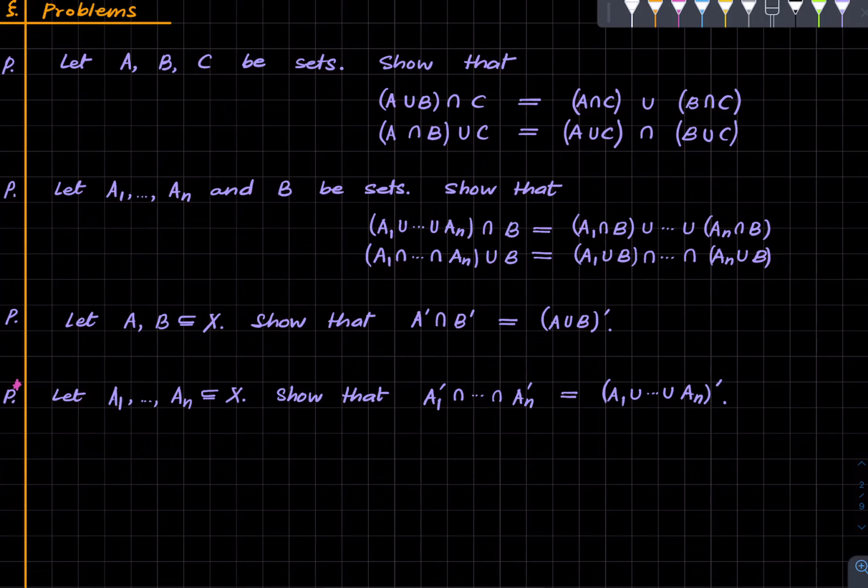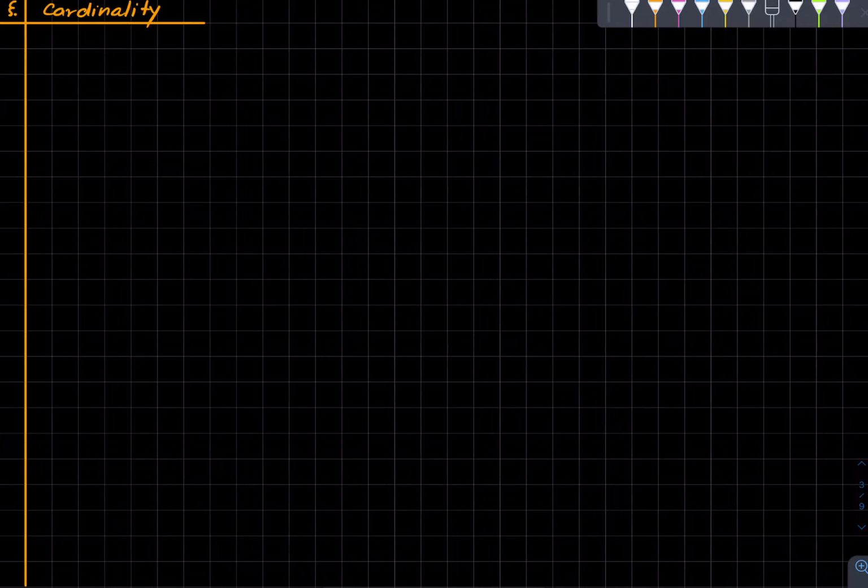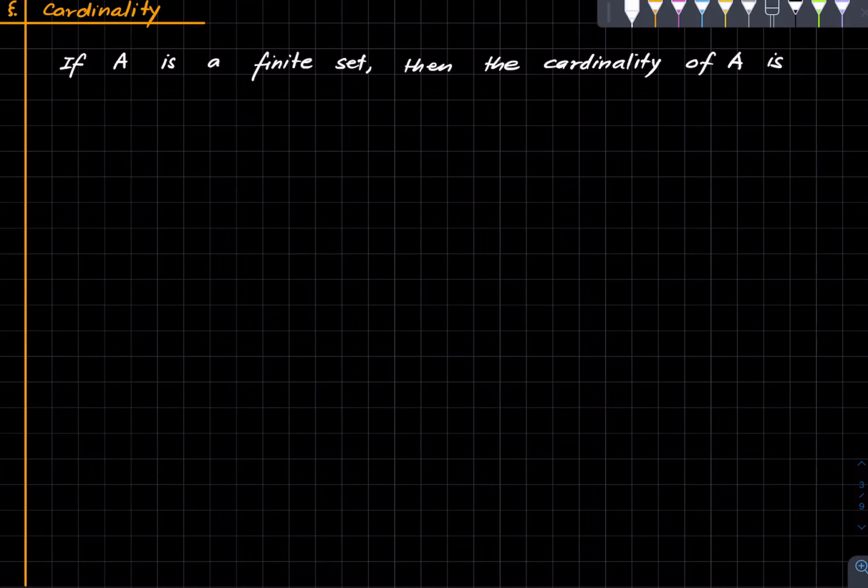All right. So let's look at the notion of cardinality. It is very simple. So if A is a finite set, then the cardinality of A is the number of elements in A. So that's just a name.